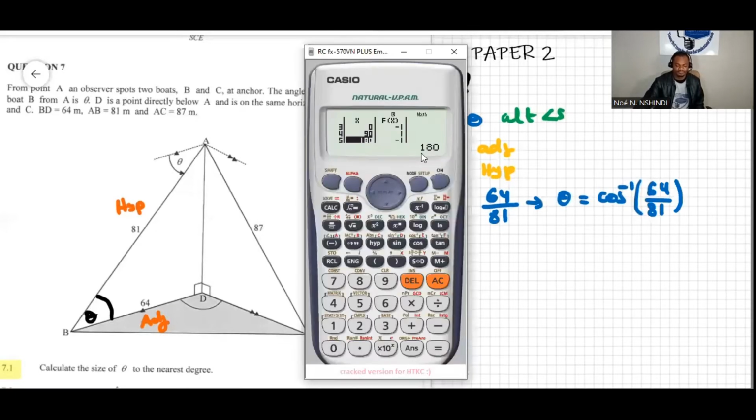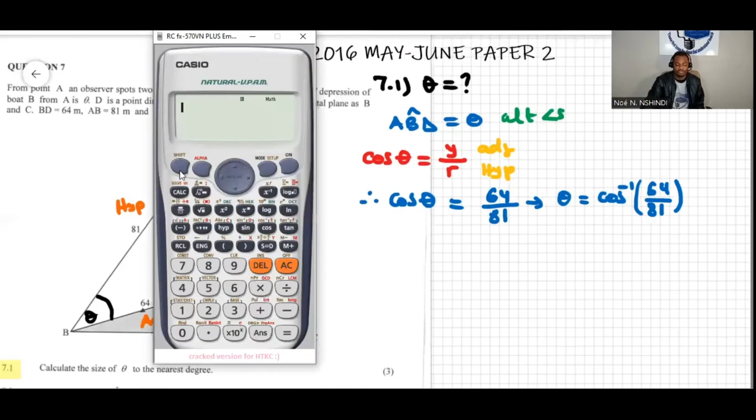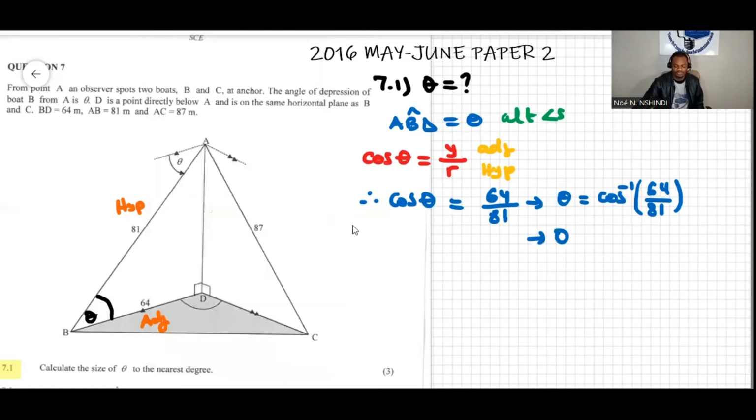This is how we do it. Press shift and then cos, and then enter 64 over 81. Close the bracket, and when we hit equal, theta will be equal to 37.8.